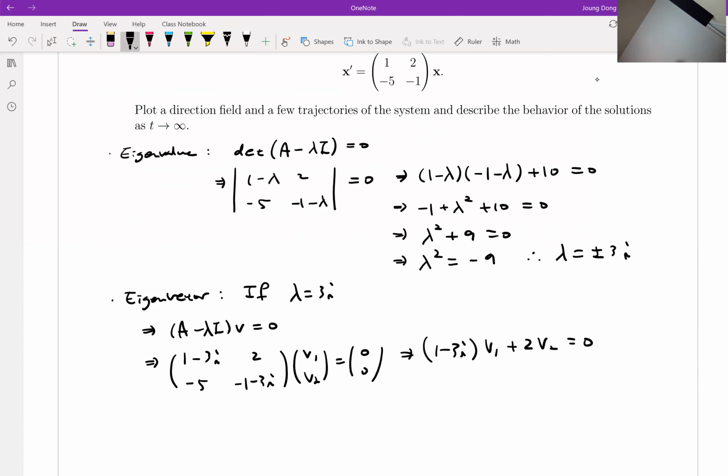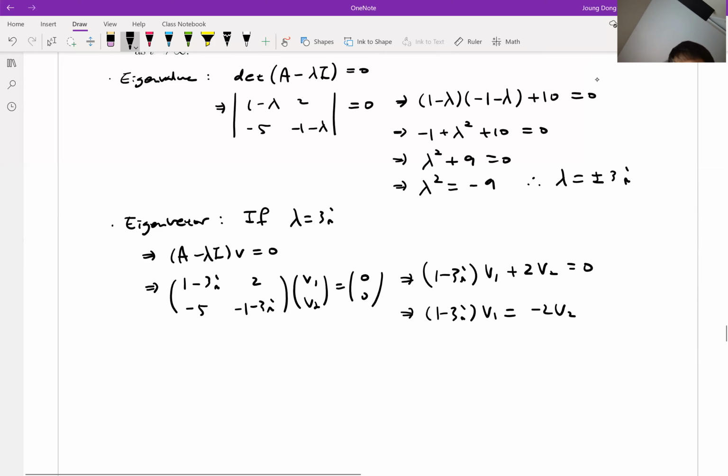As I did before, you can choose v1 as 1 or something like that, but let me show you another technique. Let me move v2 to the right-hand side first. 1 minus 3i times v1 equals negative 2 v2. Then divide by v2 on both sides and by 1 minus 3i on both sides.